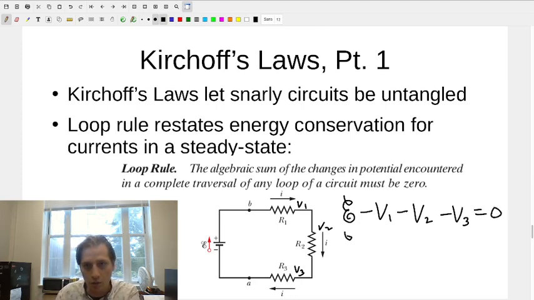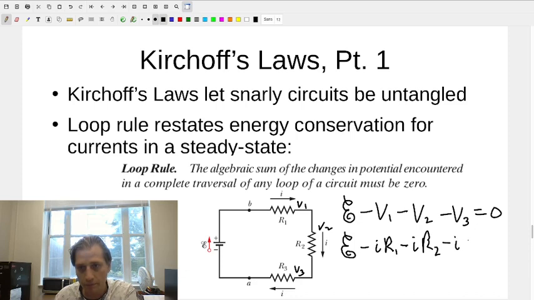So the way that you would use this to solve a problem is to use Ohm's law. V equals IR, so this would be minus I times R1. Same current goes through R2, so it would be minus I times R2. Minus I times R3.